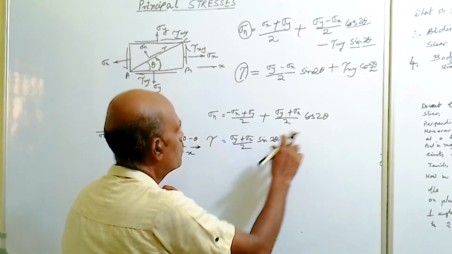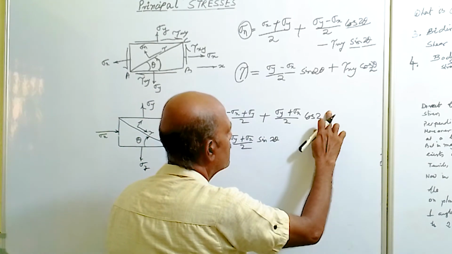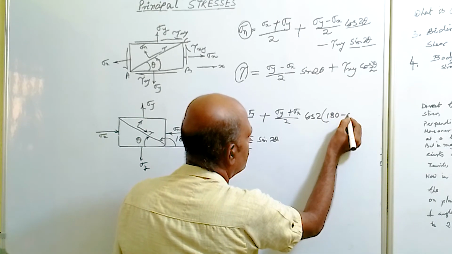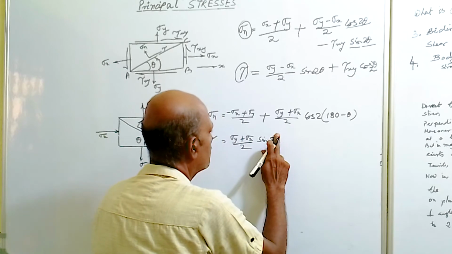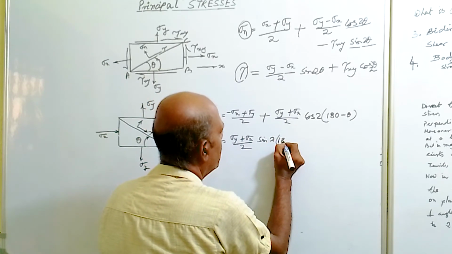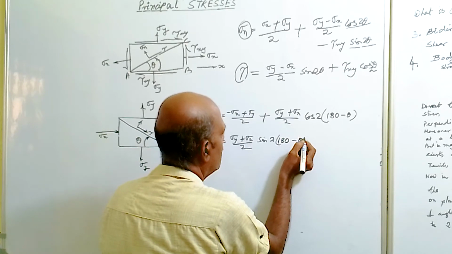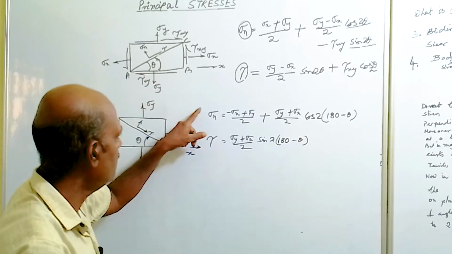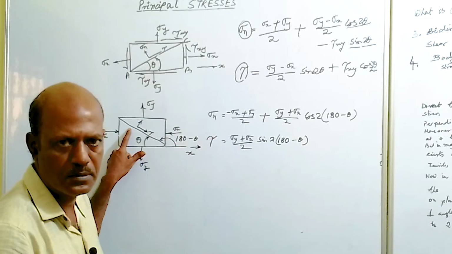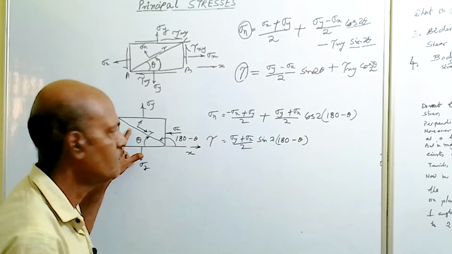So here, instead of 2 theta, we will write 2 into 180 minus theta, and here also we will put 180 minus theta. So these equations for sigma n and tau will be the equations for this case.